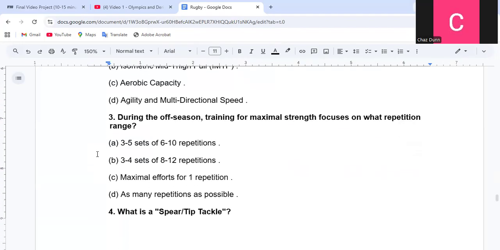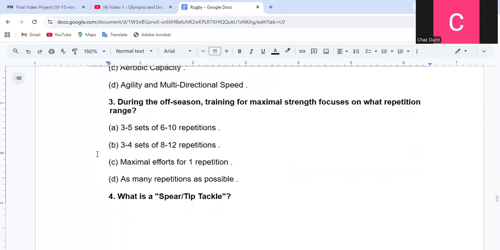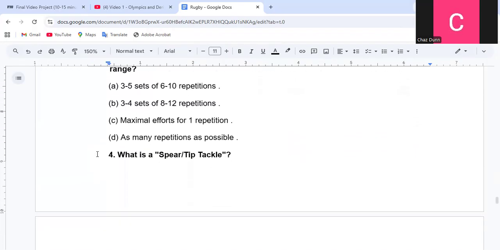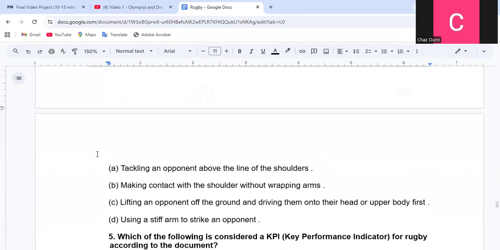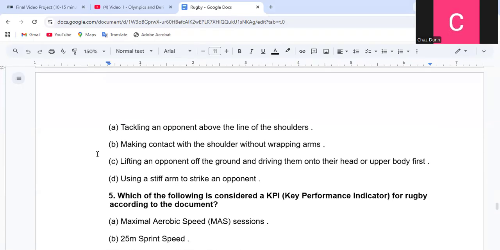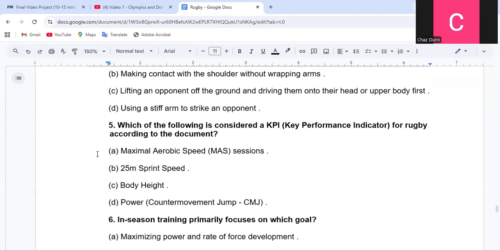During the off-season, training for maximal strength focuses on which repetition range? What is a spear or tip tackle? Which of the following is considered a key performance indicator for rugby according to this document?